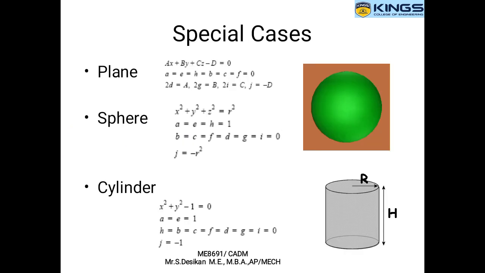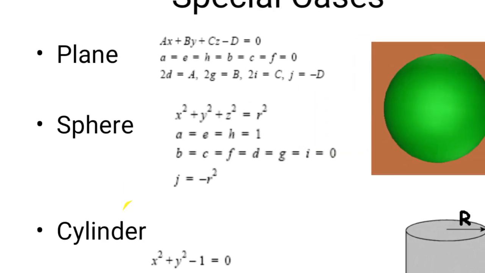Next, some special cases. If a sphere, a cylinder, a circle, a two-dimensional object, or a quadrilateral is there, other than that, for some special functions we have to use a specific equation. For a plane surface, we use ax plus by plus cz minus d is equal to 0.